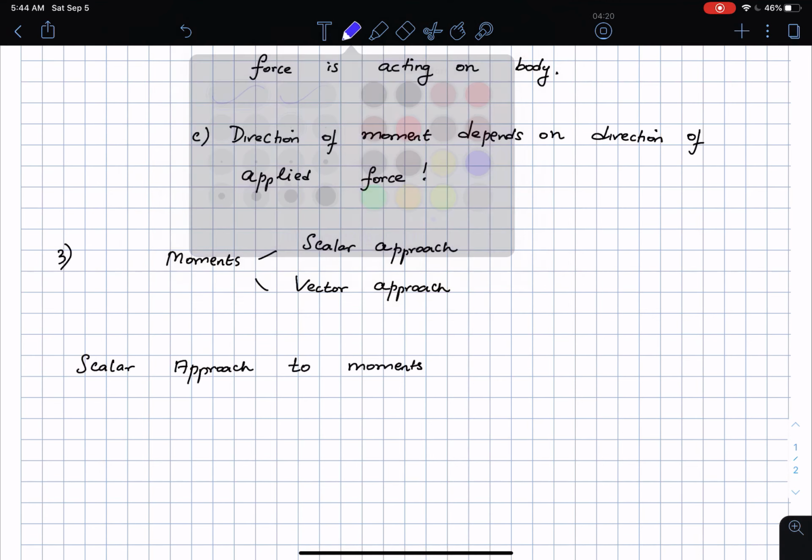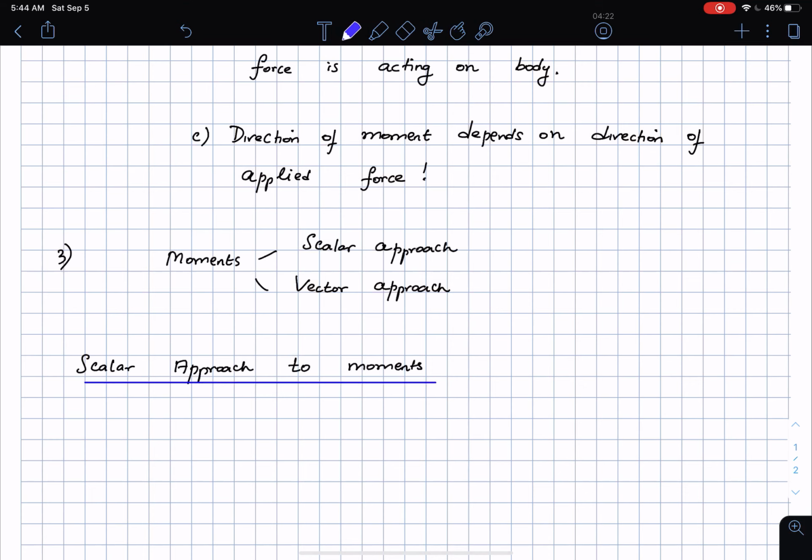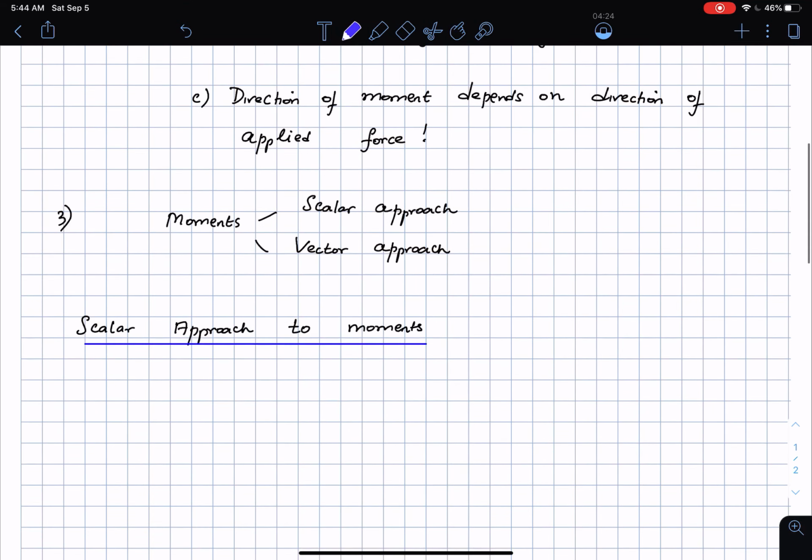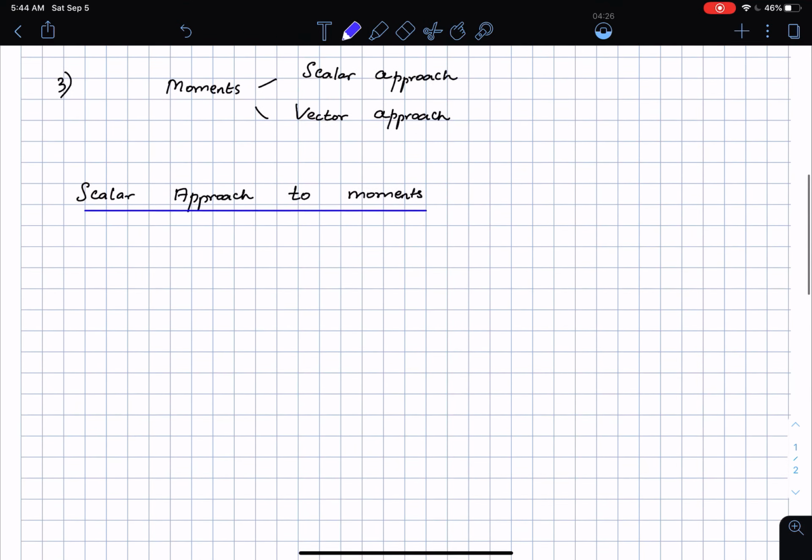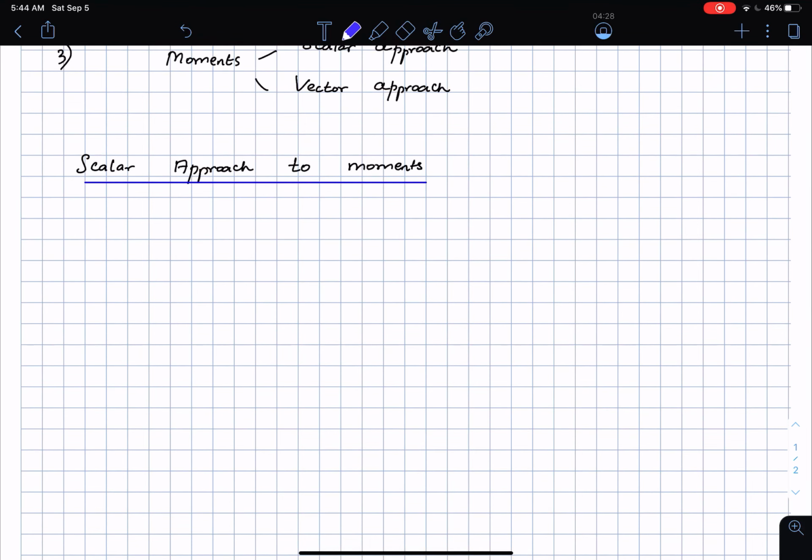In this approach, let me start by taking a hypothetical beam. So consider a pinned beam with a force acting on it.